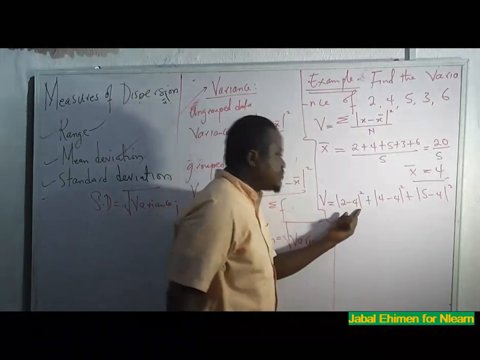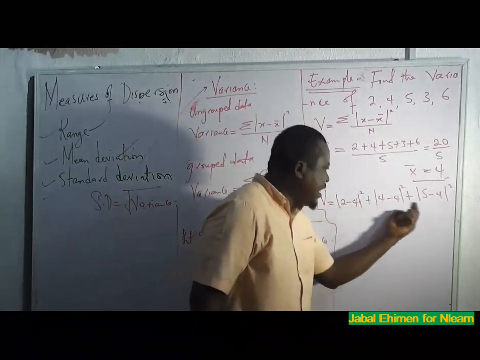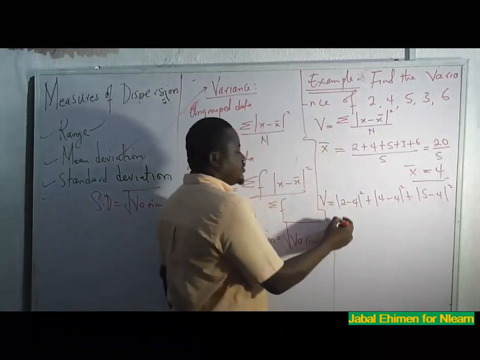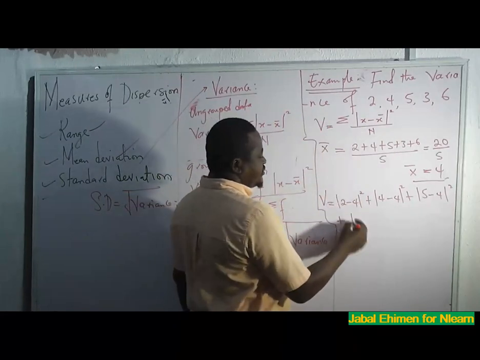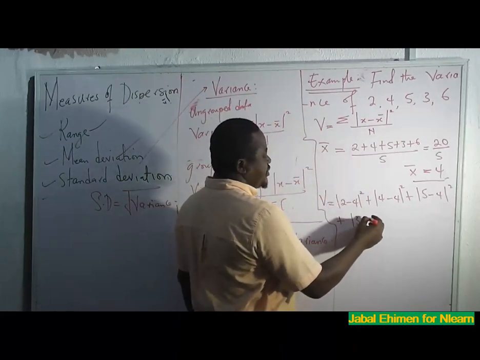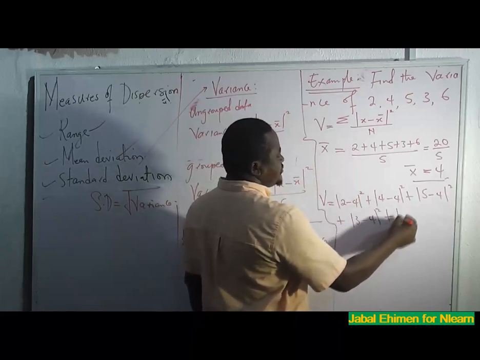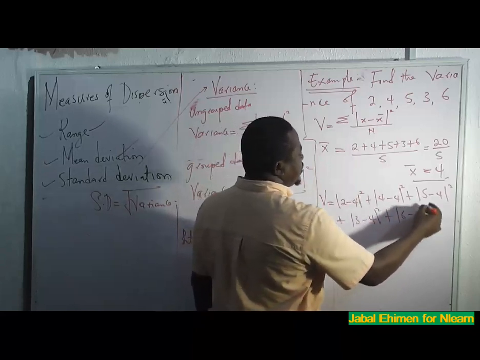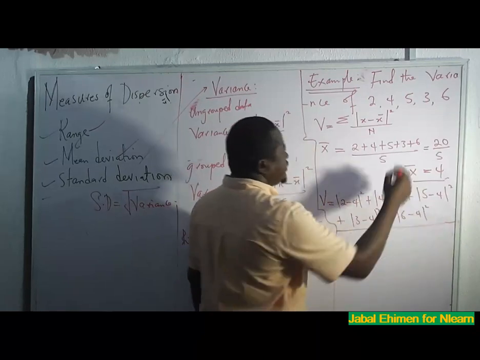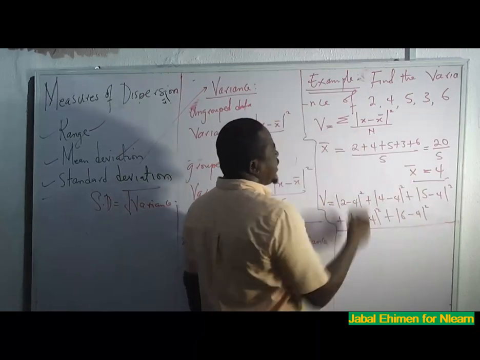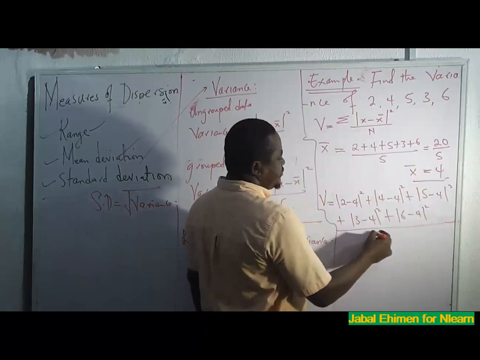So this is the first x minus mean, x minus mean, x minus mean. So we still have plus, the next one is 3 minus the mean, which is 4, all squared. And the last one is 6 minus mean squared, all divided by the value n. And that n is 5.